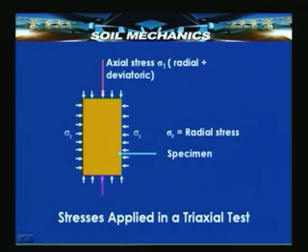It is acting on the circumference of the specimen, and after this the vertical load is increased until the specimen fails, and therefore, at the end of the test, at the point of failure, we will have an all round pressure sigma r, which incidentally being water, it also acts at the top and the bottom, and then this stress sigma r is increased by an amount known as the deviatoric amount, so as to get the total axial stress sigma 1 at the top and bottom at the time of failure.